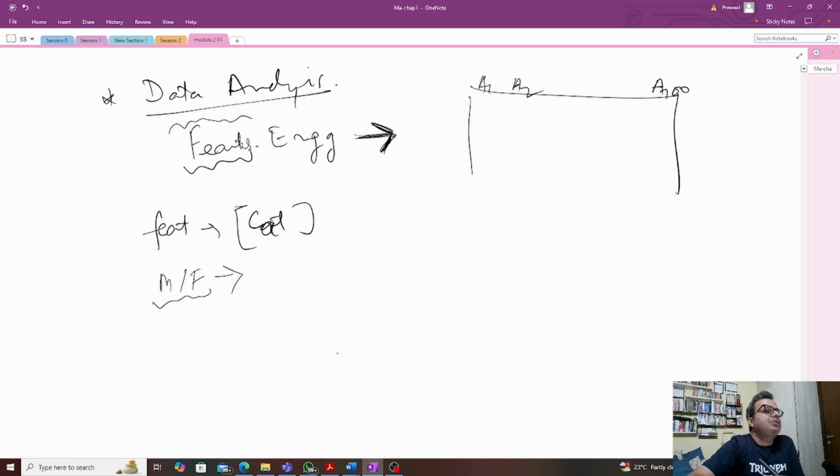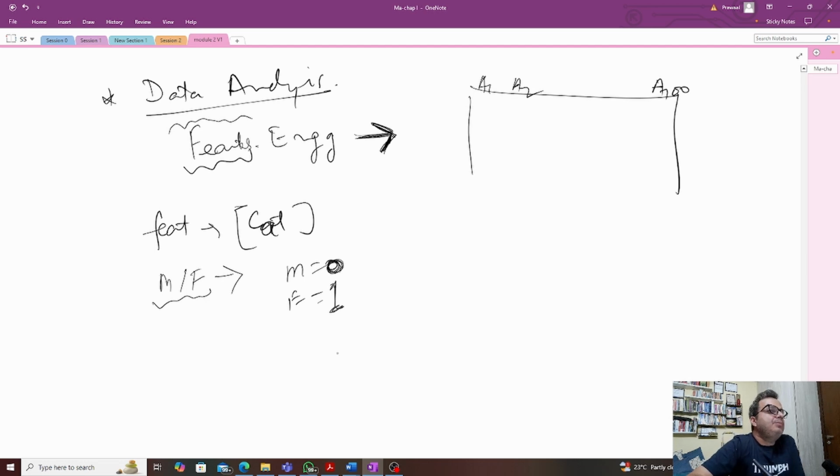How do I put this in my data? Should I say male as 0, female as 1, or vice versa? It can have repercussions, because 0, whatever we multiply it with, is going to give you 0 only.